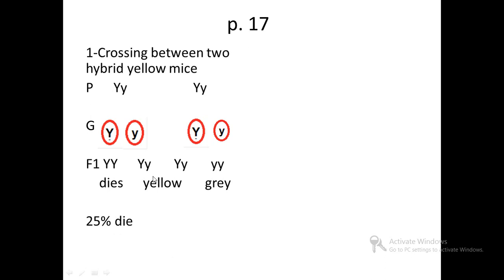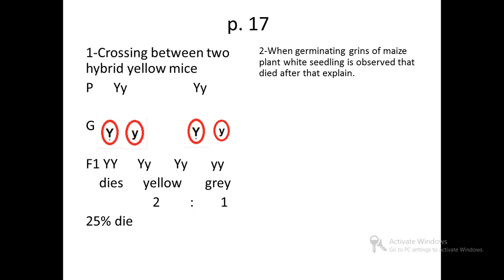Y capital Y small is yellow, as yellow dominates over gray. Y small Y small is gray. The ratio will be 2 to 1, not 3 to 1. 25% of the first generation die. Here there are 2 phenotypes, yellow and gray, and the ratio is 2 to 1.